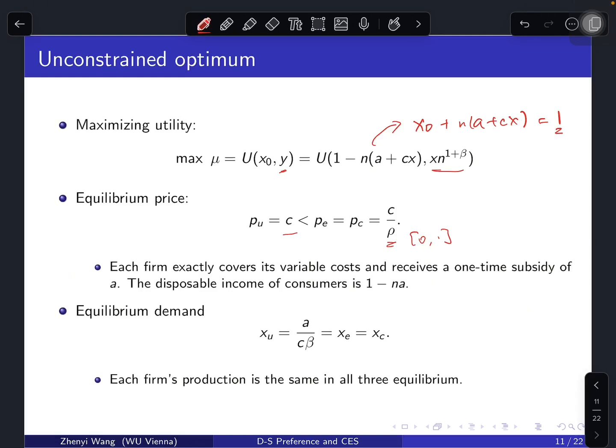So it means that each firm exactly covers its variable cost and receives a one-time subsidy of A from the social planner. The disposable income of the consumer is 1 minus N multiplied by A. The equilibrium demand under the unconstrained optimum equals the equilibrium demand in the constrained optimum and in the market equilibrium. It means that each firm's production is the same in all three equilibria.